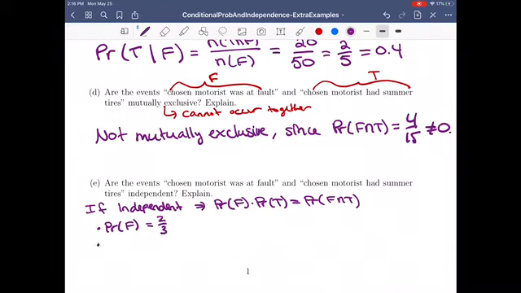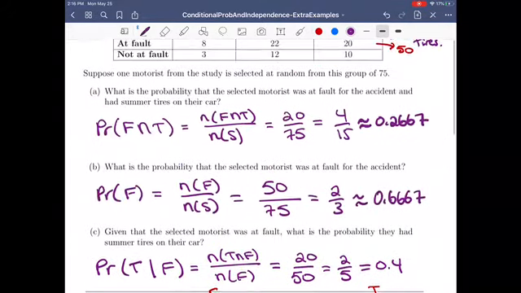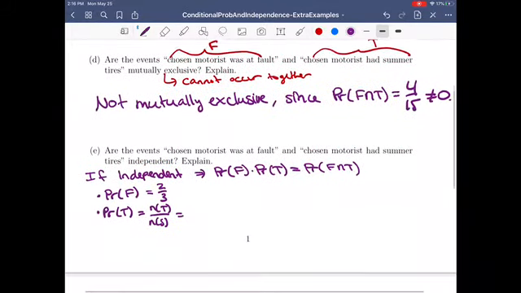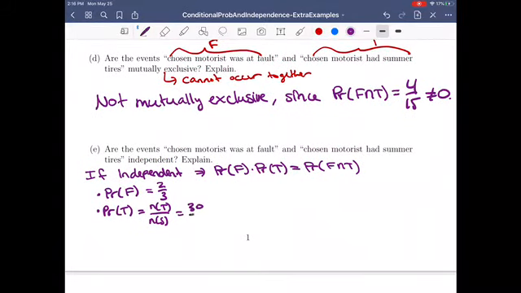Now if we compute the probability of T, it's the number of people in T divided by the number in the sample space. How many people had summer tires? That's 30. 30 over 75, which is 2/5, or 0.4 if you prefer. And we already know the intersection was 4 over 15.